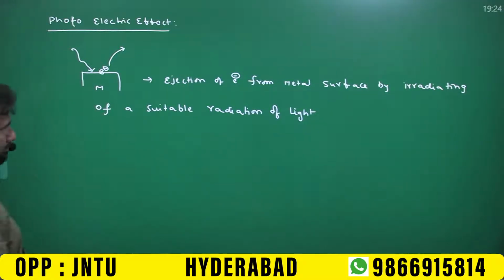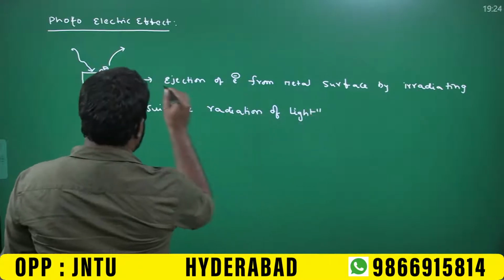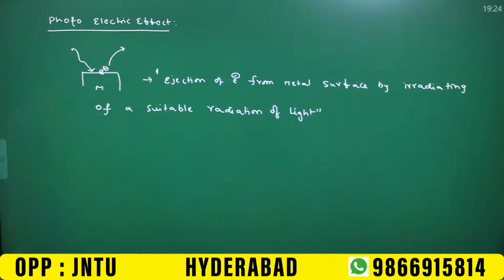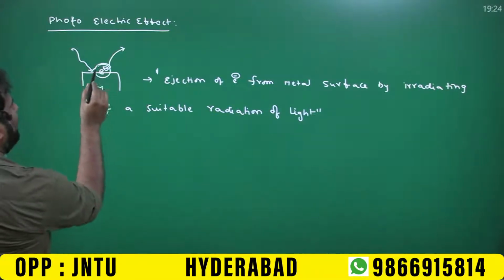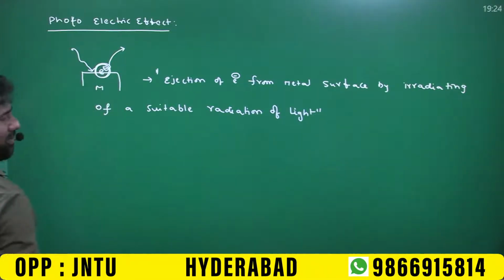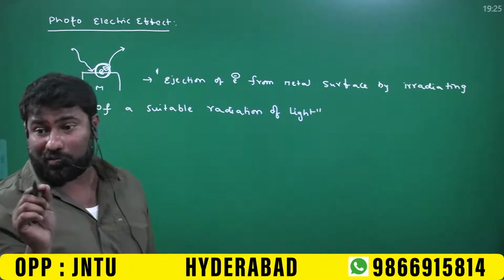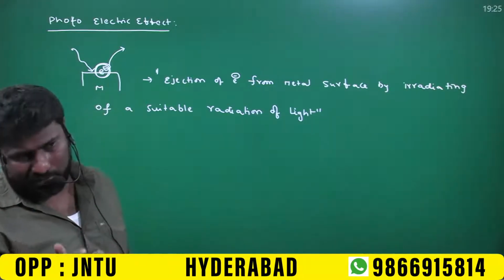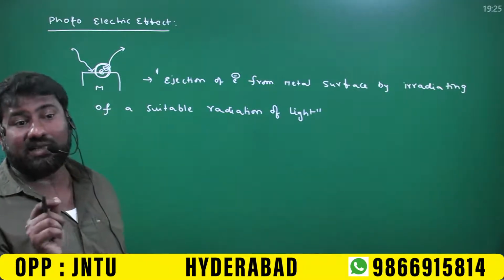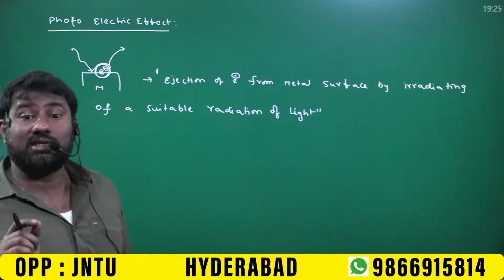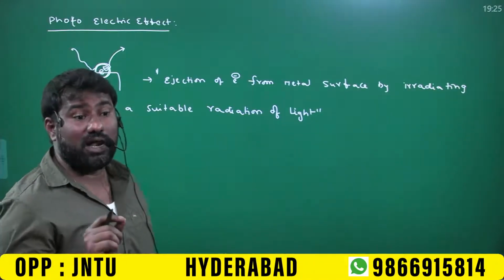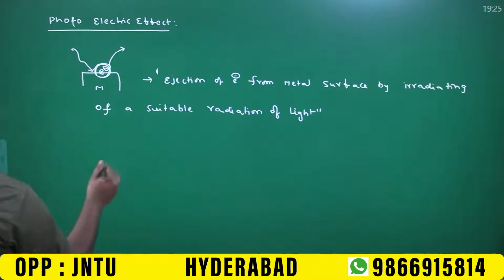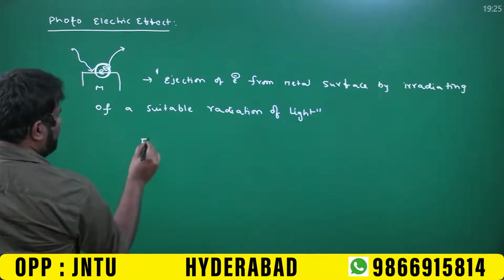Now see, if I need to get the ejection of electron from the metal surface, I need to supply a certain amount of radiation. Whatever energy is required to get the photoelectric effect is called threshold energy, E naught.